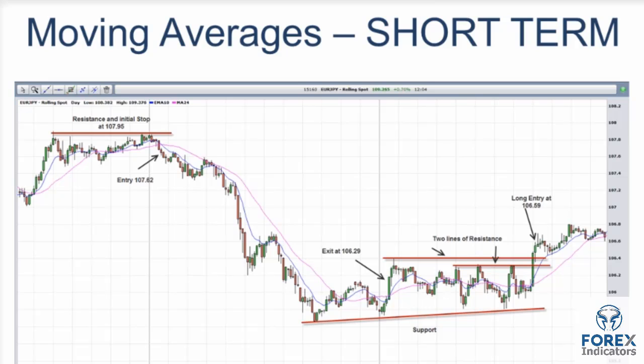Well, when the short-term moving average moves below the longer-term one, because that suggests the price is going to continue moving lower. Where do we place a stop loss so we know our maximum risk? At a nearby resistance level. We might also look at entry when the price breaks above a resistance, or for that matter below a support, on the basis it's going to continue moving lower.